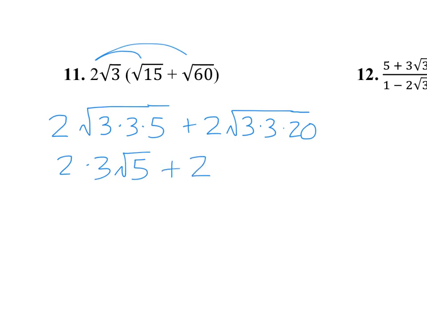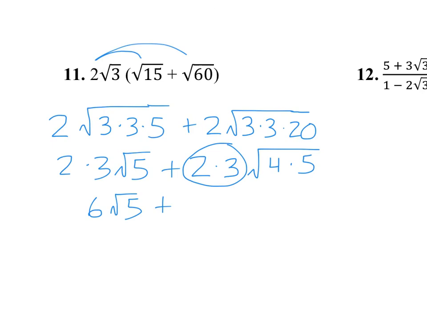All right, so I could bring one of those 3's out front, and I'm left with radical 20 on the inside. Radical 20 is 4 times 5. So this is 6 rad 5 plus, so this is 6 times 2, which is 12 rad 5. Adding those together, 18 rad 5.